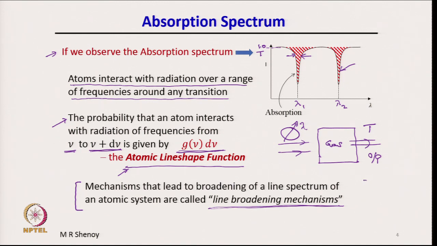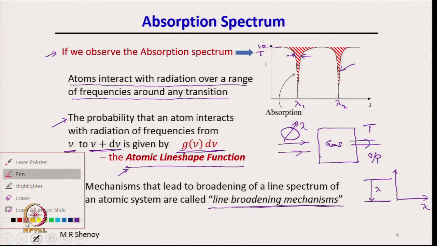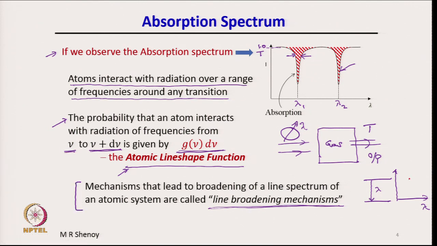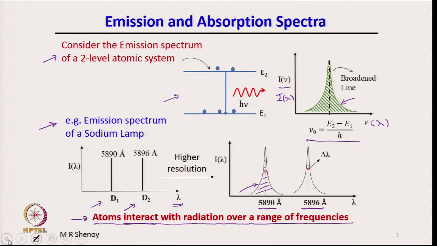If you have a 2 level atomic system, then ideally I should have expected one line. If I plot lambda versus intensity, then corresponding to the frequency for this energy separation, I should have got a line like this, and that is called a line spectrum. I showed you in the previous slide D1 and D2 as lines.